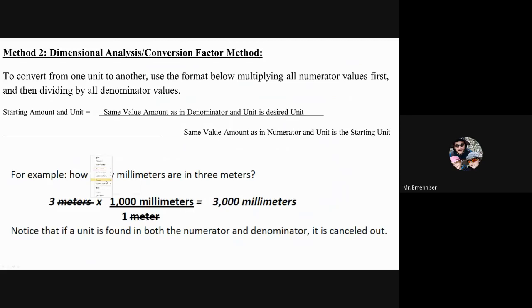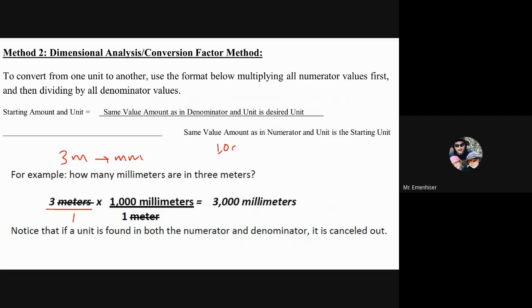So if we're going to go from meters to millimeters, what we do is we write what we know, and usually we write it over 1. So if we're starting with 3 meters, I'm going to write 3 meters over 1, and then I'm going to convert to millimeters. So I've got to ask myself, how many millimeters is equal to a meter?